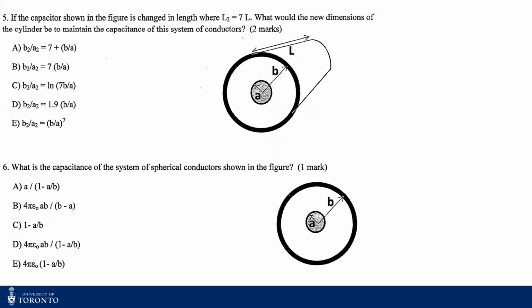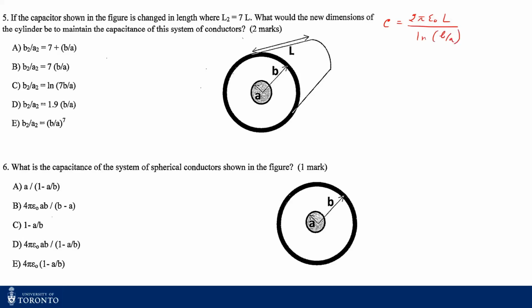Now continuing from there, we saw that our capacitance equation was basically 2 pi epsilon naught length by natural logarithm of b by a.